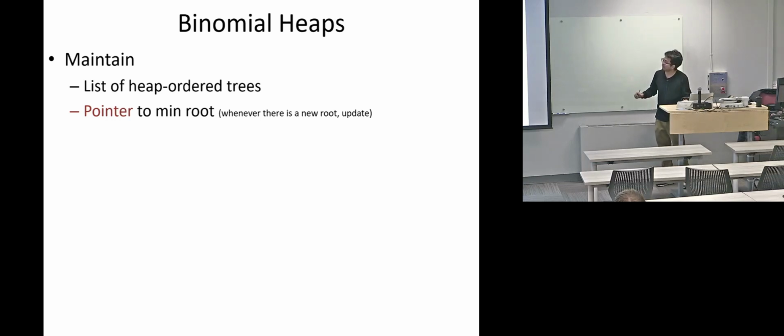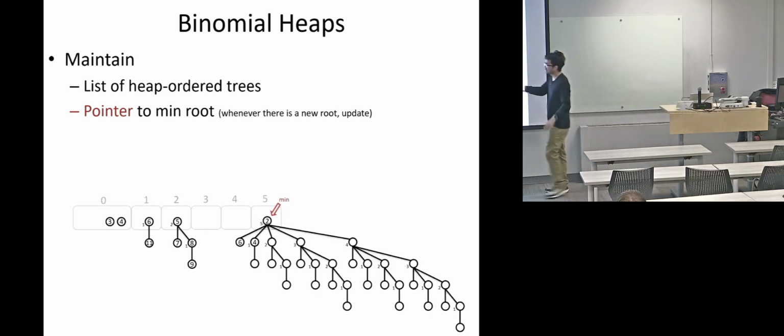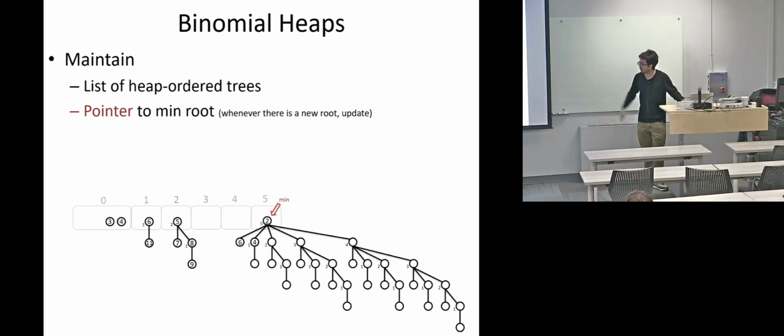Since we have a forest, the minimum guy is one of the roots. We're just gonna have a pointer pointing to the minimum root. Like in this picture, you have a bunch of trees and you point to the minimum root. So that's the structure you're gonna have.